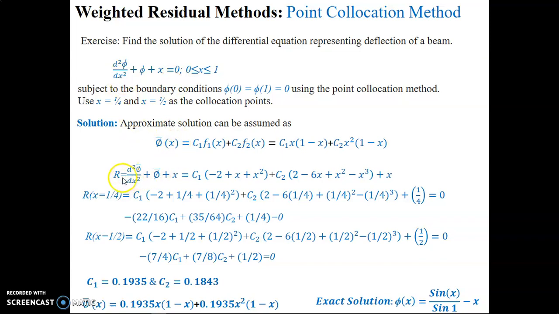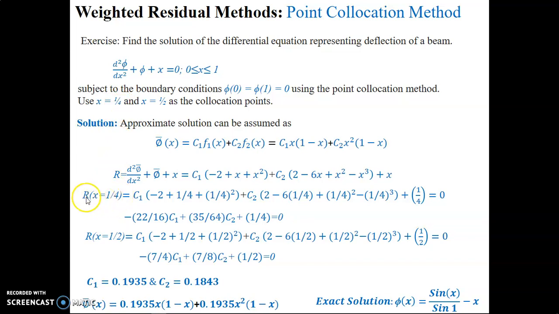We will get some value of this function when we substitute phi bar into this expression. Let us say this is r. Now we will compute the value of r by double differentiating this term, then adding this term and adding the rest of the terms with x. Now at the collocation point, the first collocation point is 1 by 4.